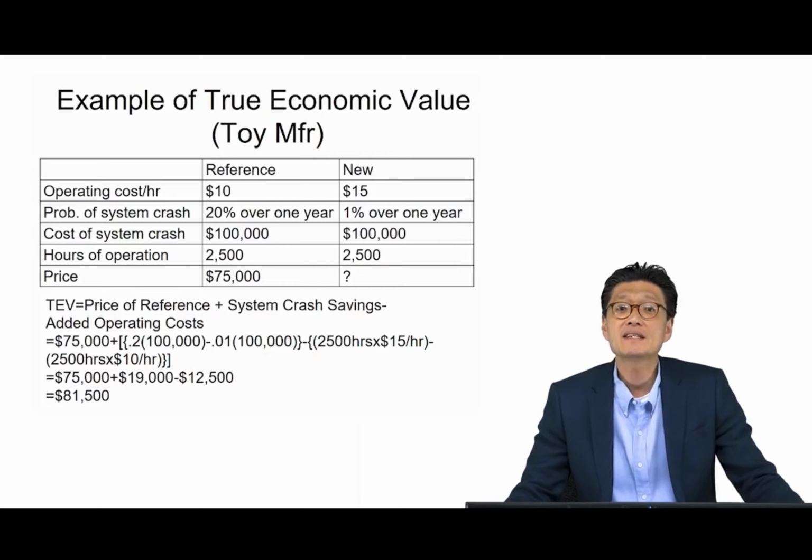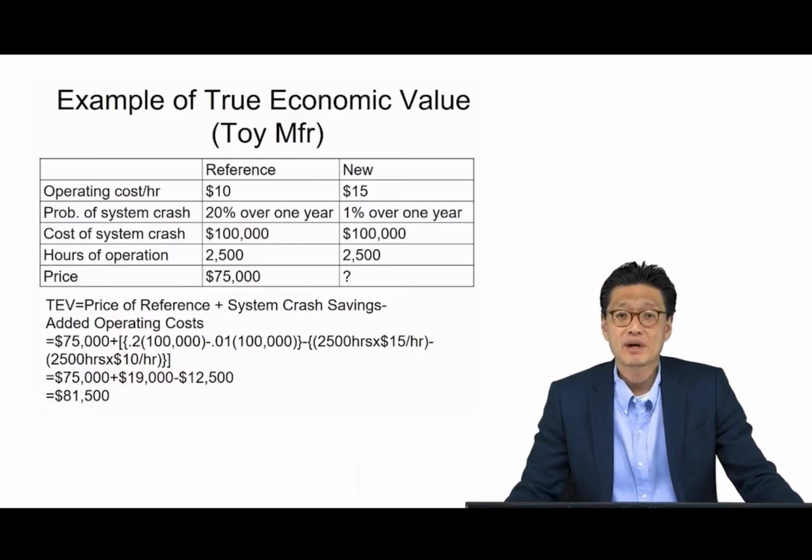In the case that the system does crash, there's going to be a lot of cost involved because they can't manufacture the toys. So the cost of the system crash for the reference product and for the new product is $100,000. They're equivalent. And the hours of operation are also equivalent at 2,500 hours.